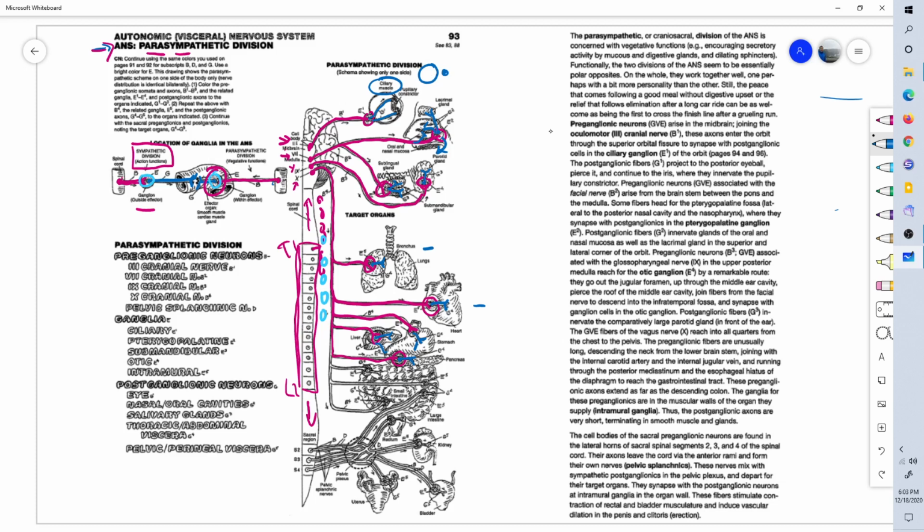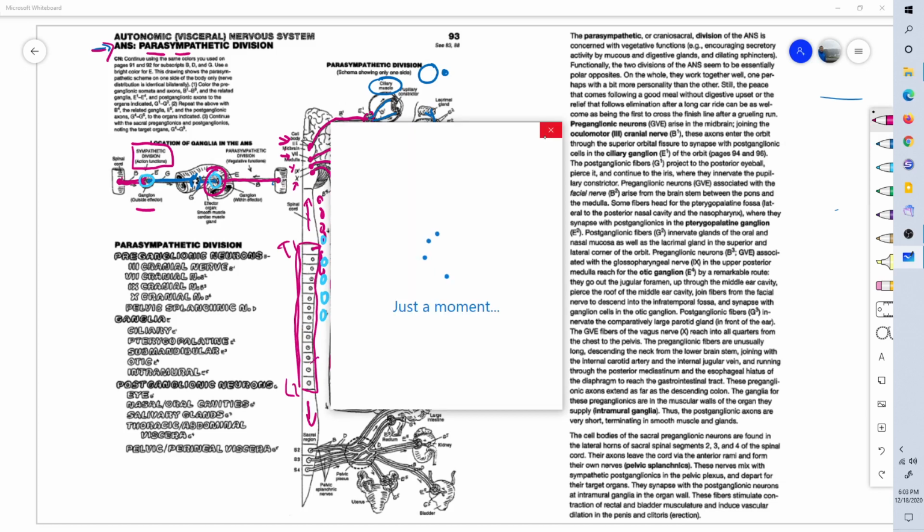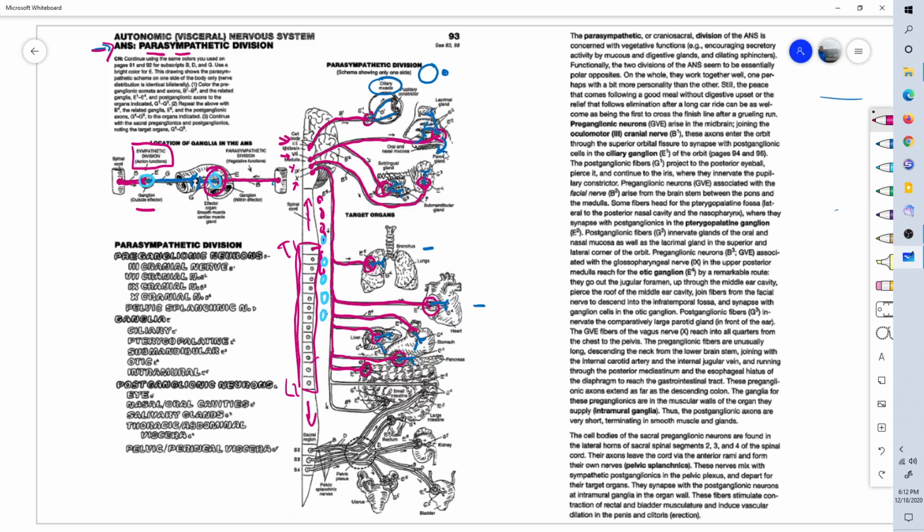Here we have another branch of the vagus nerve here, and then of course the ganglion. And the vagus nerve, and again, a long presynaptic neuron synapsing in the ganglion, which lies inside the intestine here.